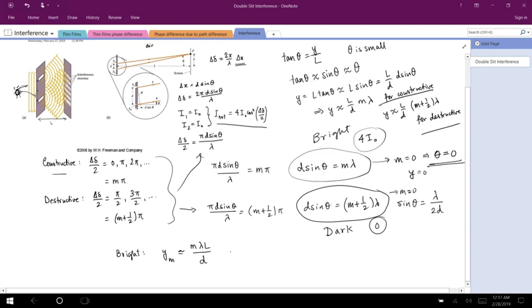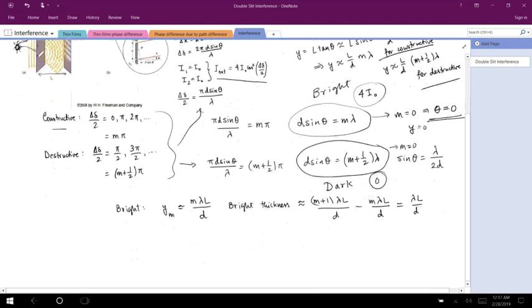So then we can also find the bright thickness. In this case, this is going to be roughly equal to (m plus 1) lambda L over D minus m lambda L over D, which is equal to lambda L over D.